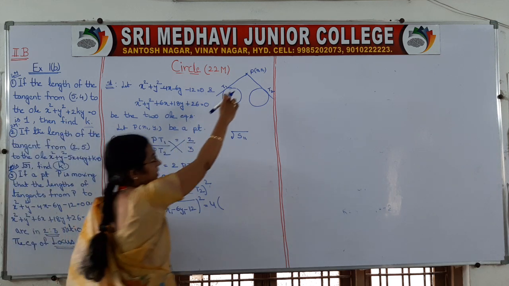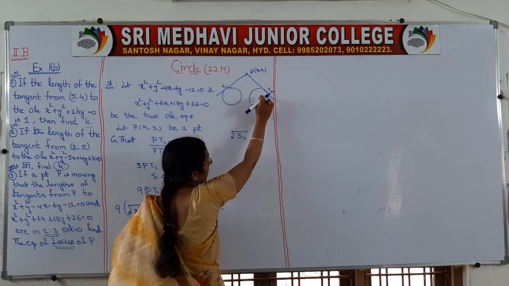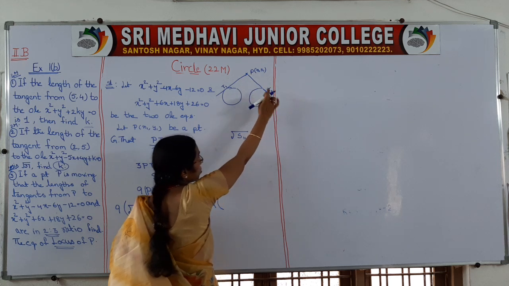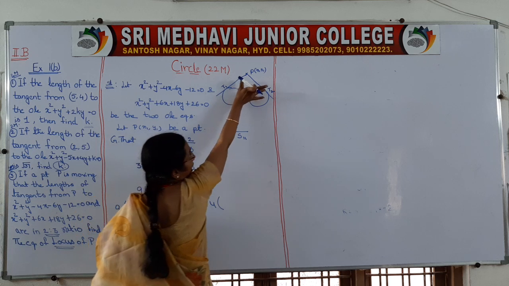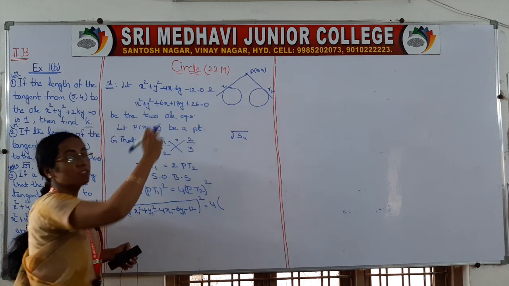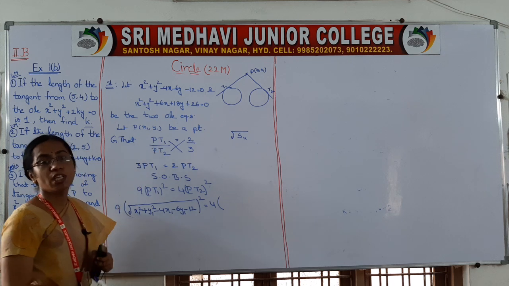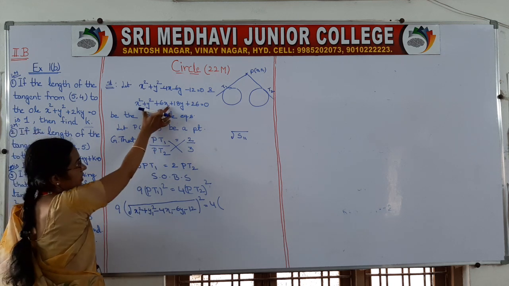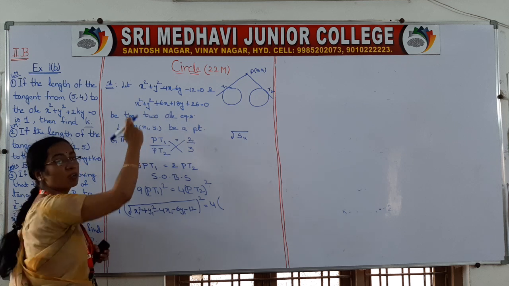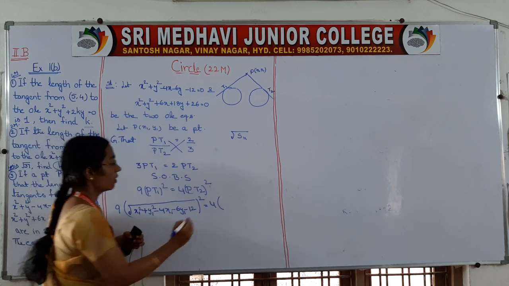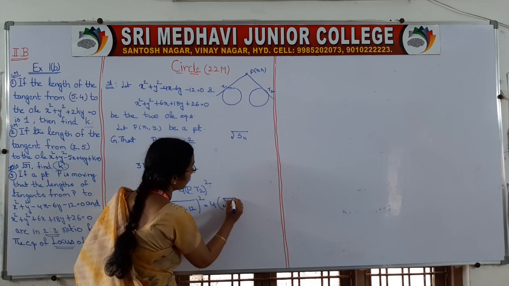Length of the tangent to the second circle from the point. PT2 is the length of the tangent from the point P(x1, y1) to the second circle. This is your second circle. For this you have to write S11. What is the formula? Root S11.